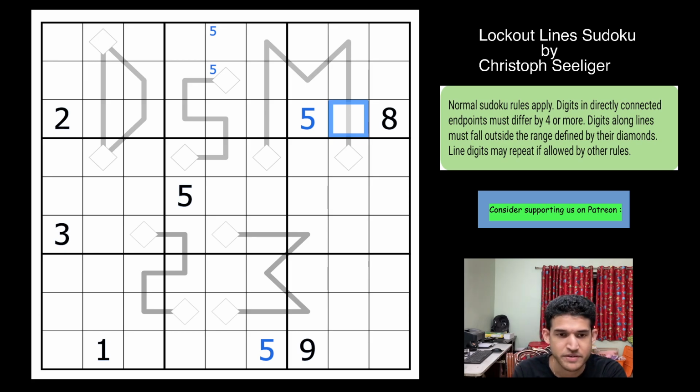What am I missing here? These 2 cells will have a difference of at least 4. And I wish we could force some digit on this to have an idea about this.